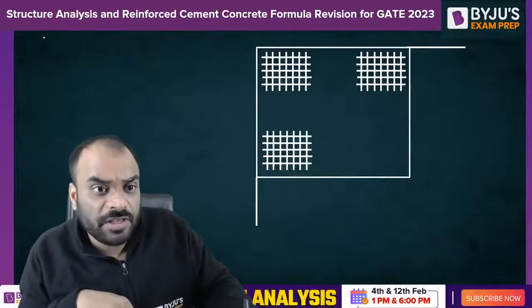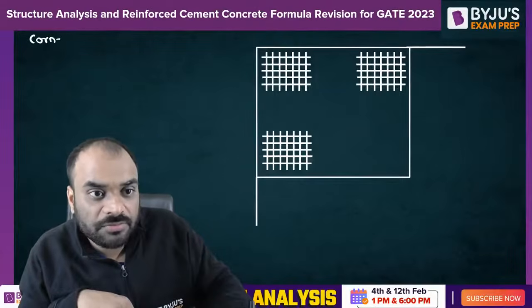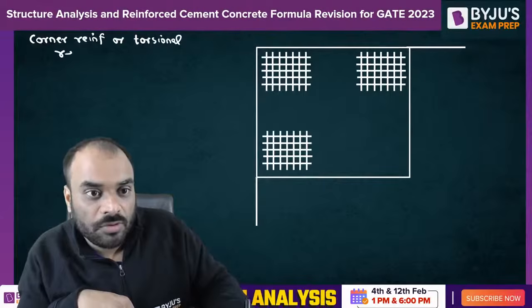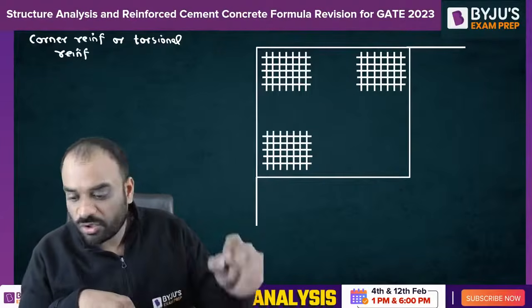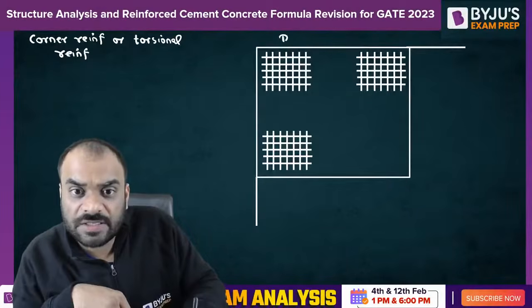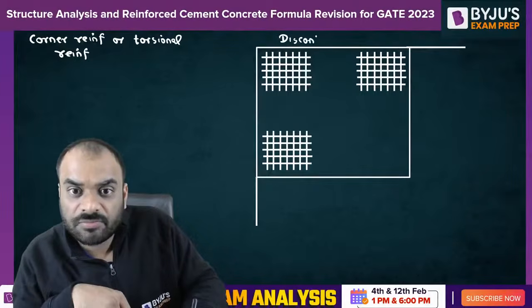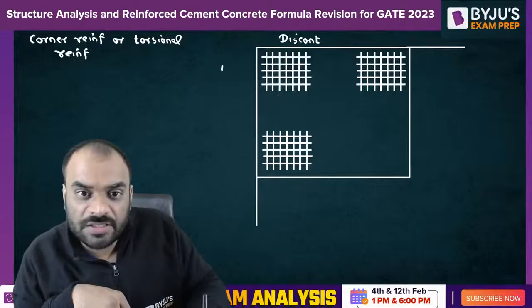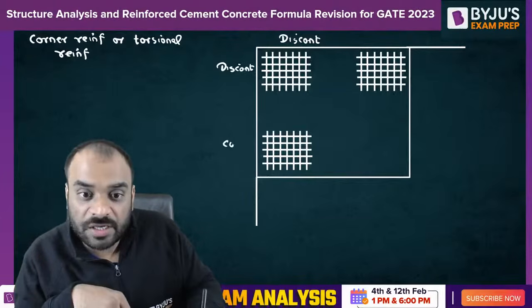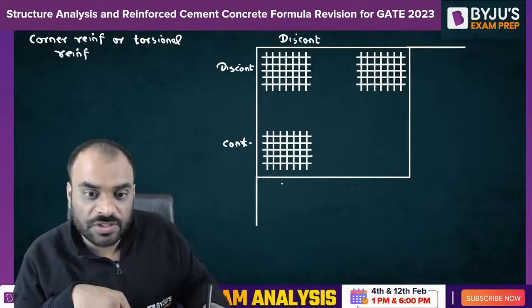Now, very important thing: corner reinforcement or torsional reinforcement. So guys, this edge is discontinuous, right? This edge is also discontinuous. This one is continuous edge. This one is, sorry, this one is discontinuous.